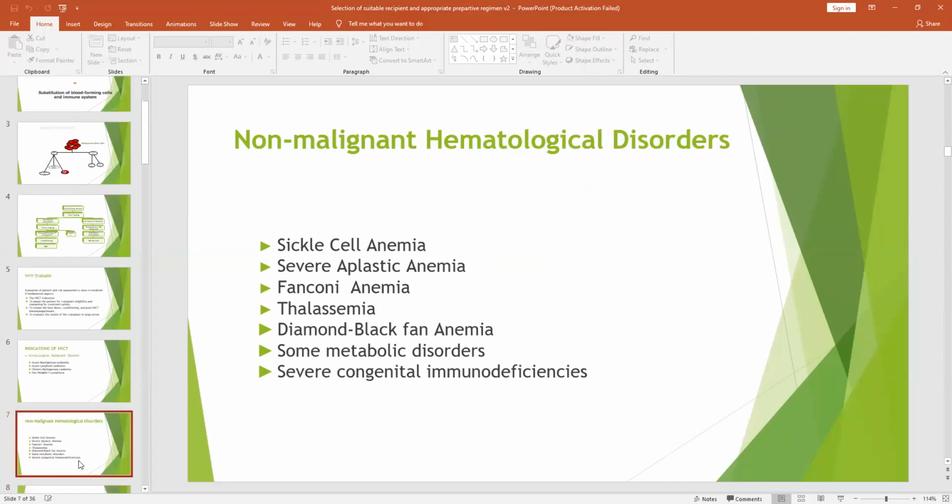And non-malignant disorders are sickle cell anemia, severe aplastic anemia, Fanconi anemia, thalassemia, Diamond-Blackfan anemia, some metabolic disorders, and severe congenital immunodeficiencies.